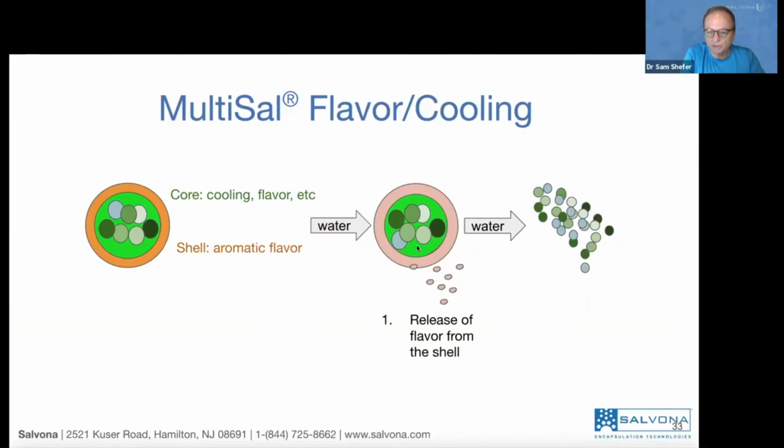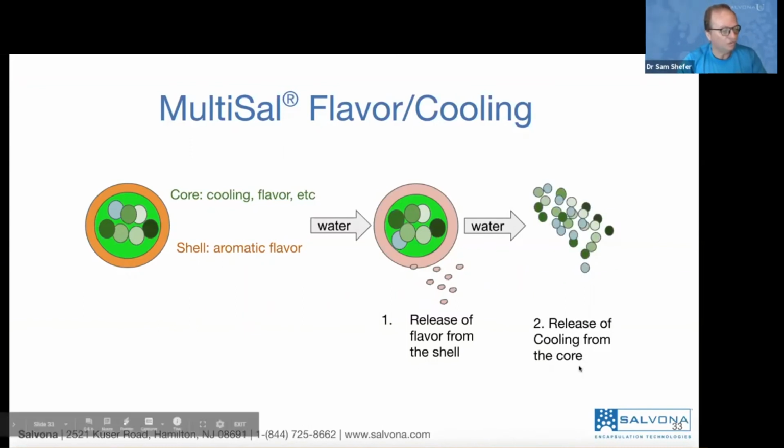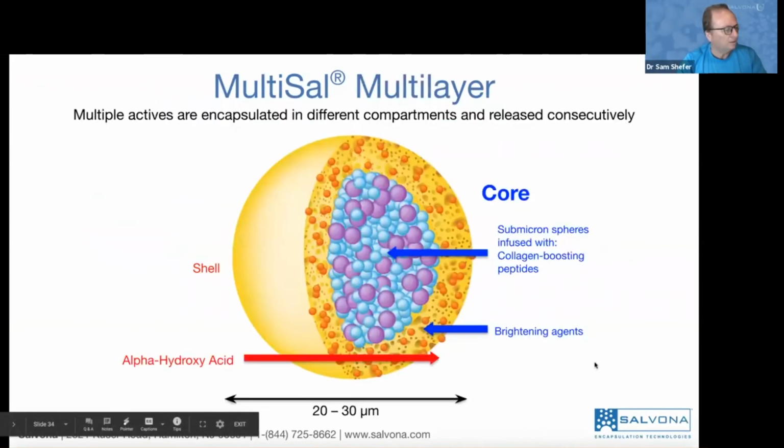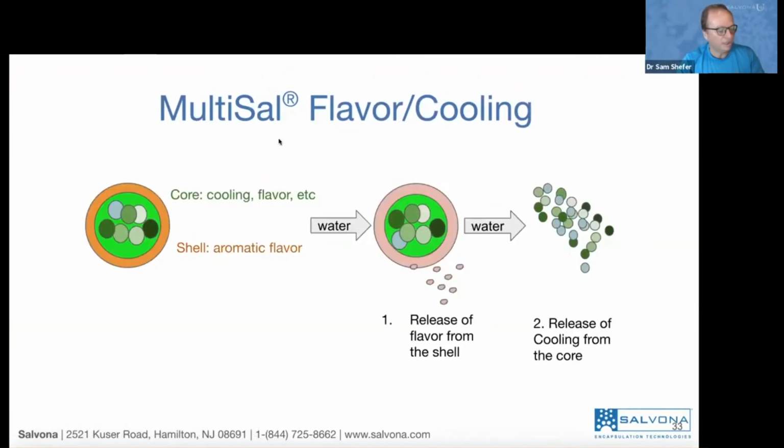This is the point: compartmentalization. So this is flavor cooling technology, and it's very useful in, for example, lip balm. I hope you got the idea of what you can do with this.